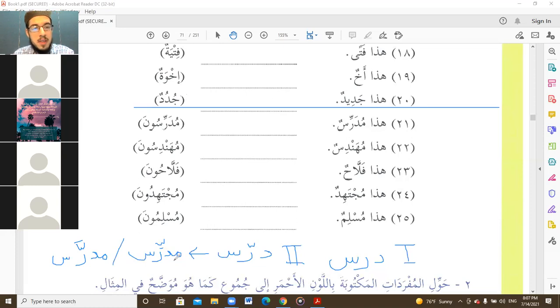That's the difference between the fa'il and the maf'ul in the second form. So mudarras is like the one who is taught. Mudarris is the teacher. Muallim, muallam. The one who teaches, or literally the one who makes someone else know. Muallam. The one who is made to know.